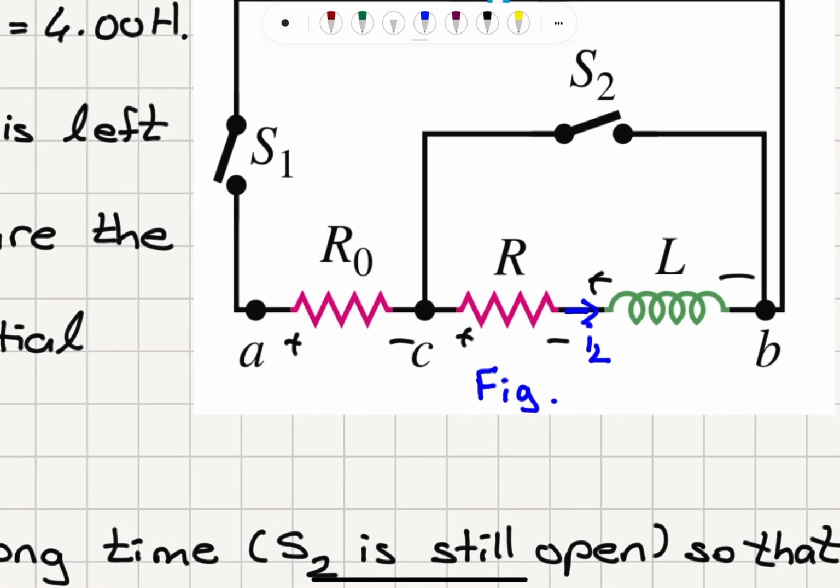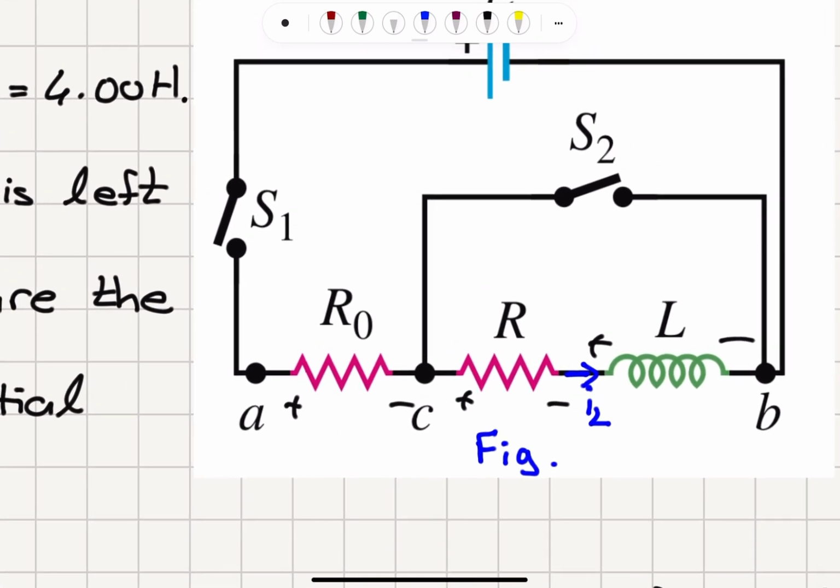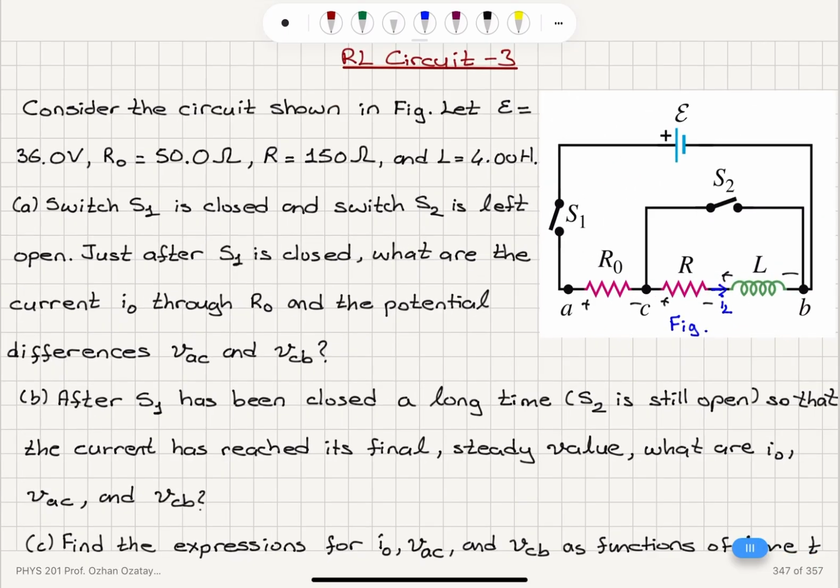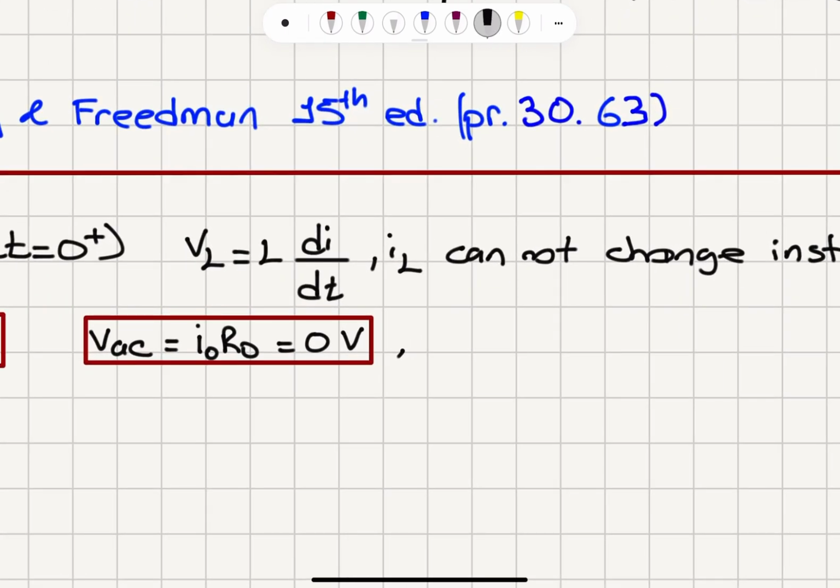Since there is no current flowing through this resistor R here, VCB is actually the voltage across the inductor L, and it is basically equal to epsilon, the source voltage that we're providing, because there is no voltage drop across R0 or R. So we know that VCB is equal to R I0 plus VL, which must be equal to epsilon.